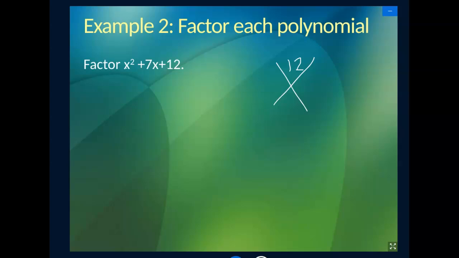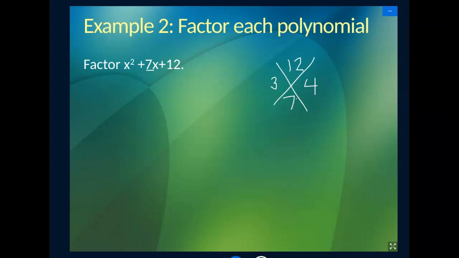And then you're going to take the value of the middle term, which is 7. In order to factor this, what two numbers multiply to 12 and add to 7? So you need factors of 12 that sum to 7. Anybody? All right, Nicholas? 3 and 4. Perfect.